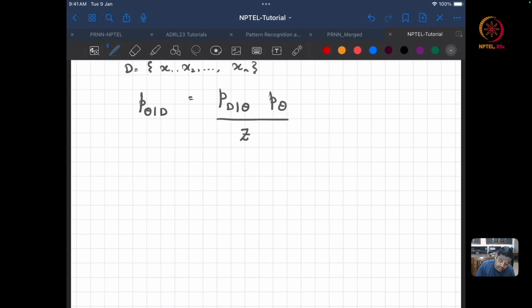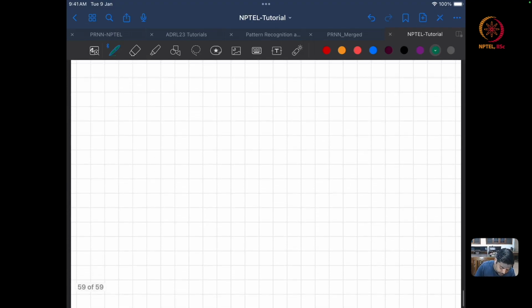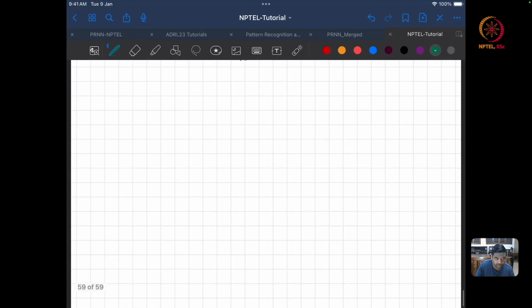Now let's consider a case in which we are only estimating the mean. We are assuming that the data is from a Gaussian distribution, only estimating the mean, and that the variance is known to us. We're taking a very straightforward and simple case.